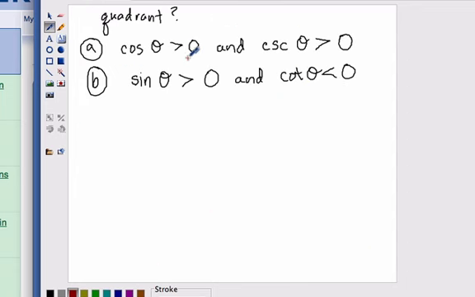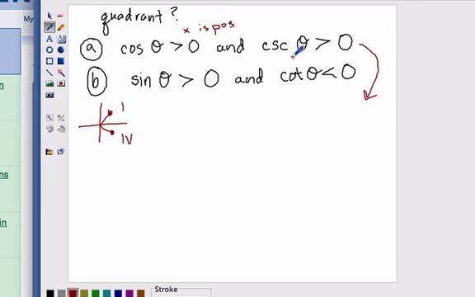All right, let's look at a couple more examples. So cosine of theta is greater than 0. That means x is positive. X is positive in quadrant 1 or quadrant 4. Okay, so we're talking about 1 or 4. And then cosecant of theta is greater than 0, so that's positive.